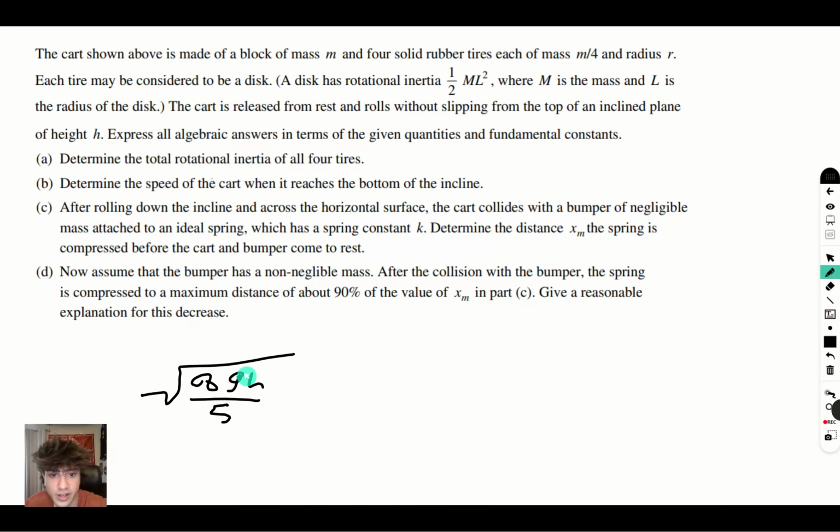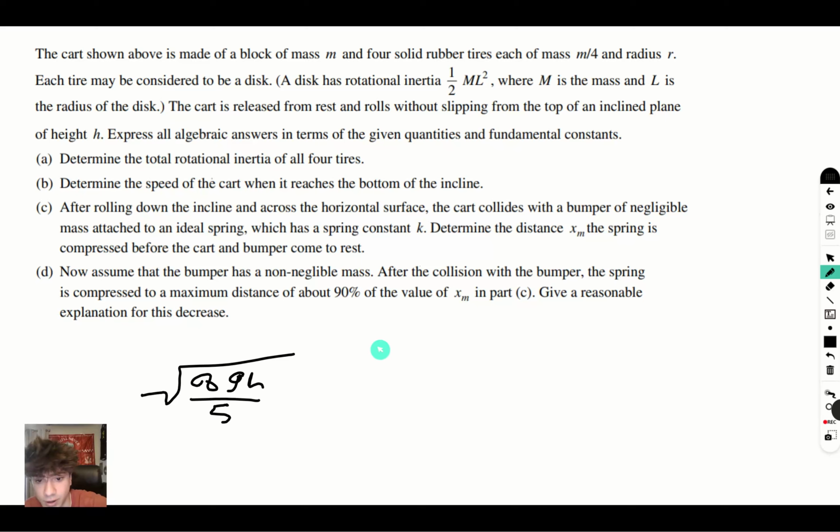After rolling down the incline and across the horizontal surface, the cart collides with the bumper of negligible mass attached to an ideal spring, which has a spring constant k. Determine the distance xm the spring is compressed before the cart and bumper come to rest.